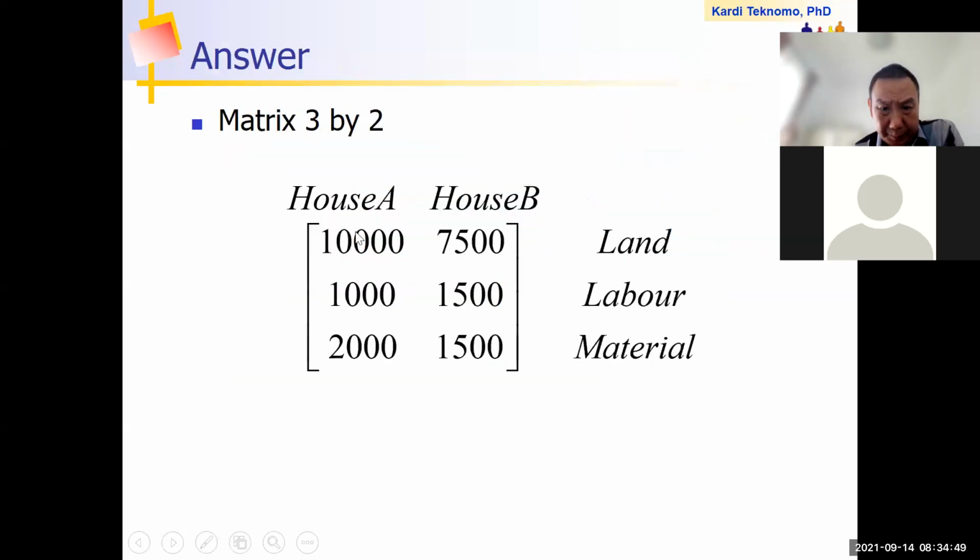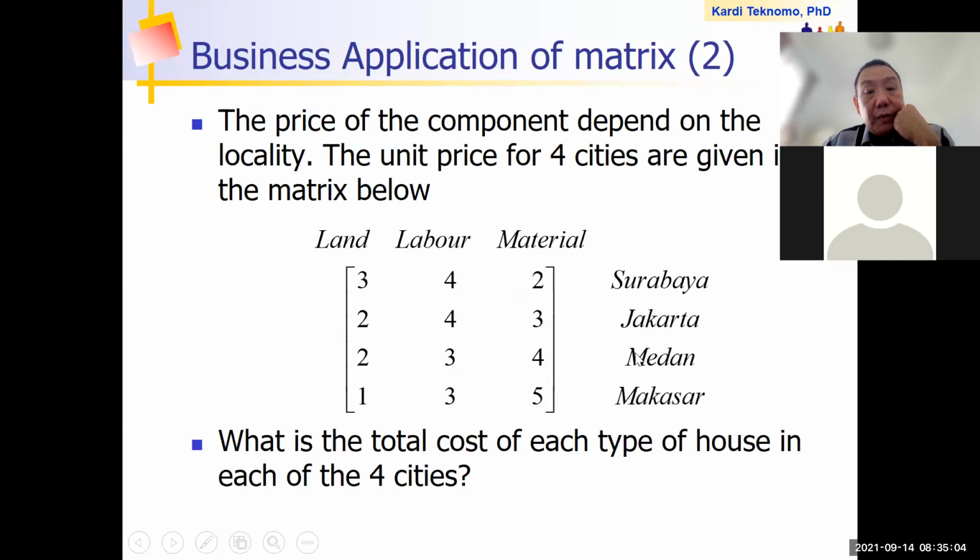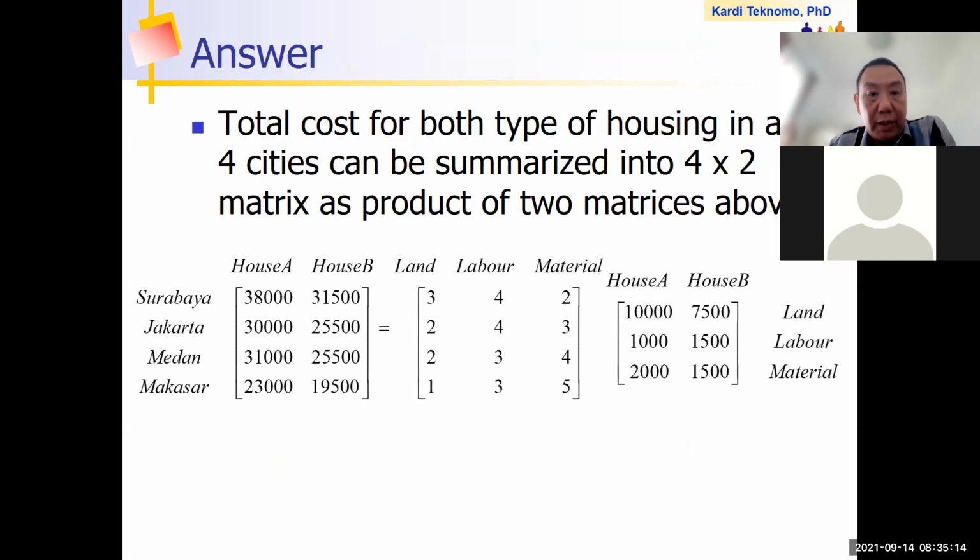About the housing, you practiced this matrix, which has 2 houses and 3 factors, which are land, labor, and material. And then you also have another matrix, which is land, labor, material with 4 cities. Okay, and this is what you did last week.